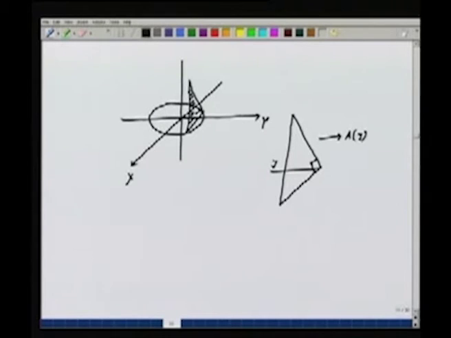The other thing I need to know is the height and the base of this triangle. So the question is, what else do I know about this? Let us say this portion, I don't know exactly what it is, is x.